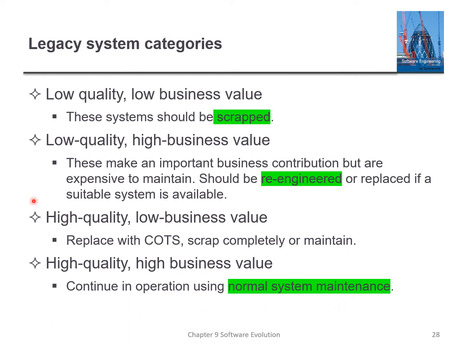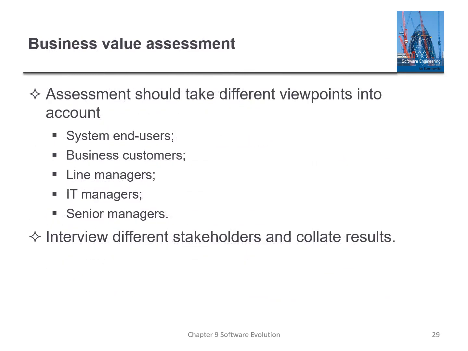For the ones that are low on one aspect and high on the other, you can either scrap it, maintain it, or do re-engineering. I mentioned just now it's not a one-man job, it's a collective decision made by getting feedback from a group of business users, and also the organization's staff.